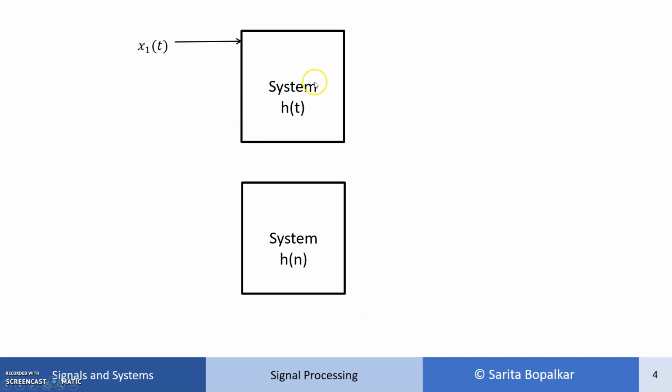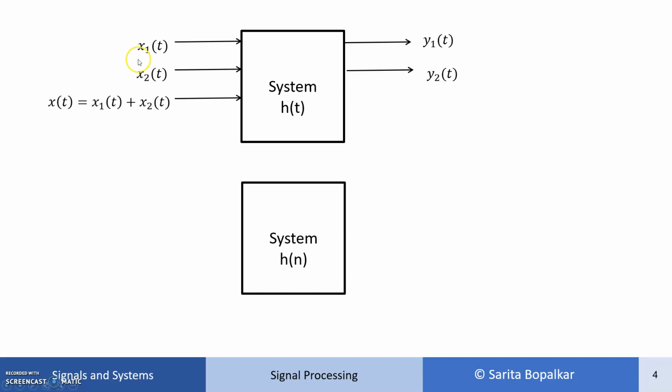Let's say in your system x1(t) is the input, y1(t) is the output, x2(t) is the input, y2(t) is the output. Now I will take the input as a summation of x1(t) and x2(t). The superposition principle tells us that if I take the linear summation at the input, at the output I should get the summation of individual outputs.